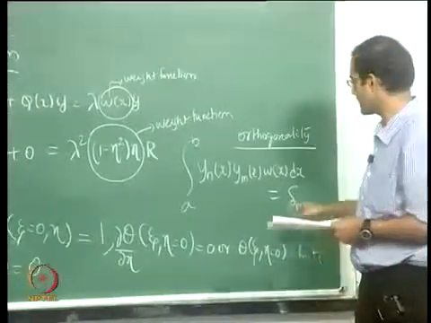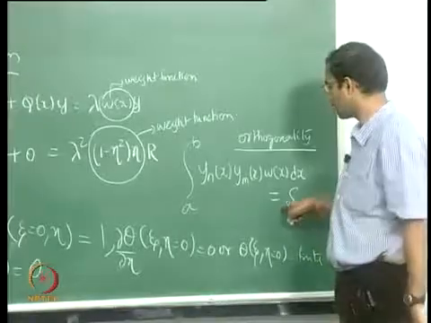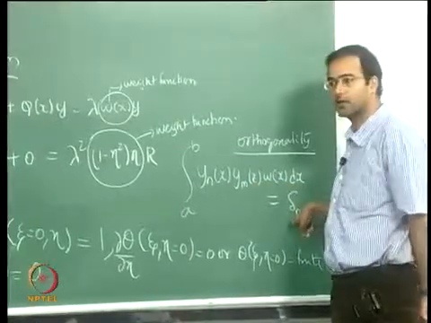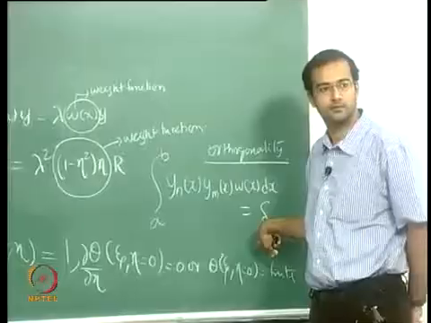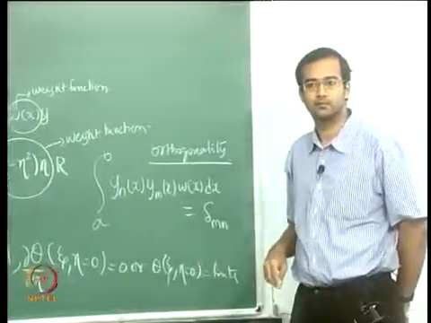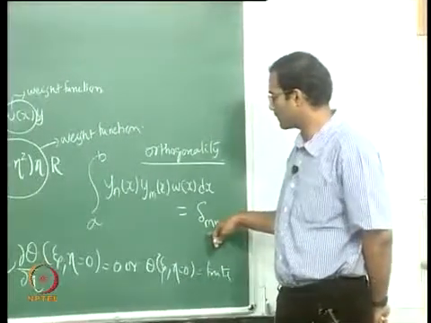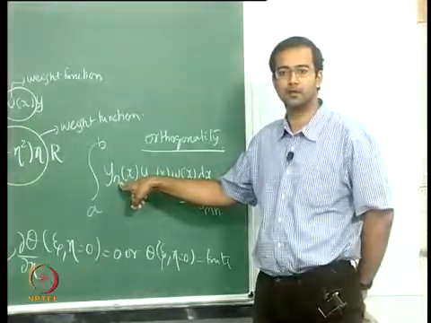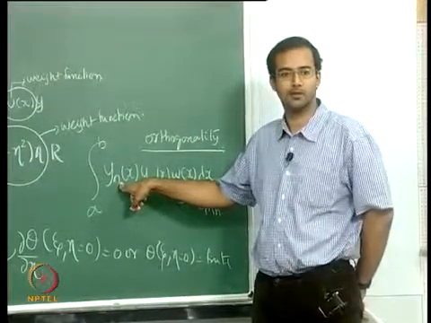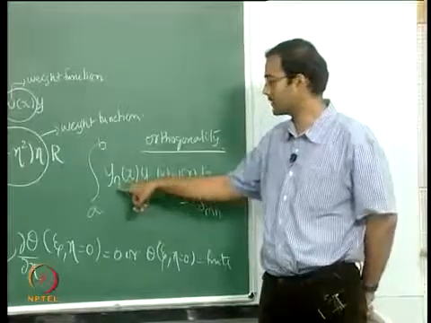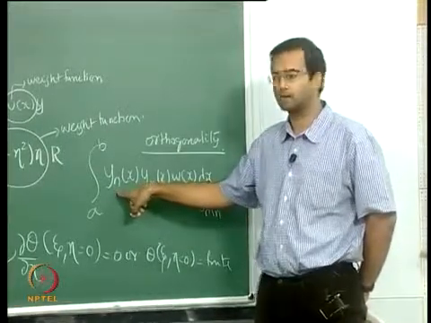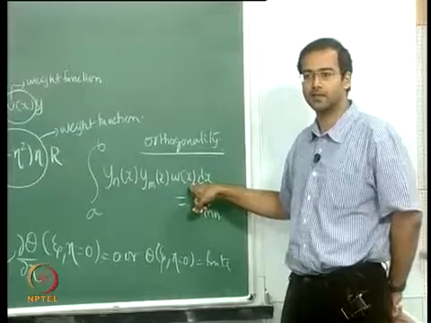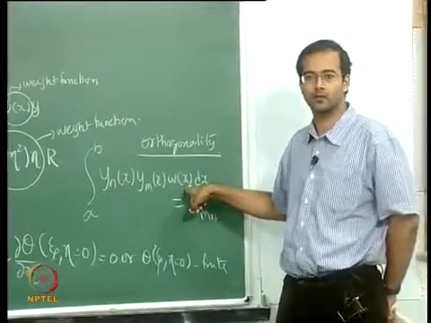What it says is, when m is not equal to n, this Kronecker delta will be 0. Therefore they have to be orthogonal, meaning if m equals n, then only this will be equal to 1. So in that case this will be yn square into the weight function dx, and the integral should be equal to 1.